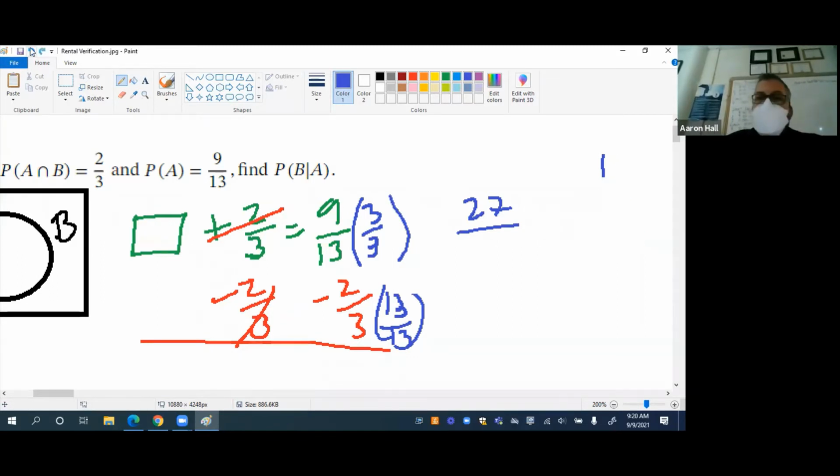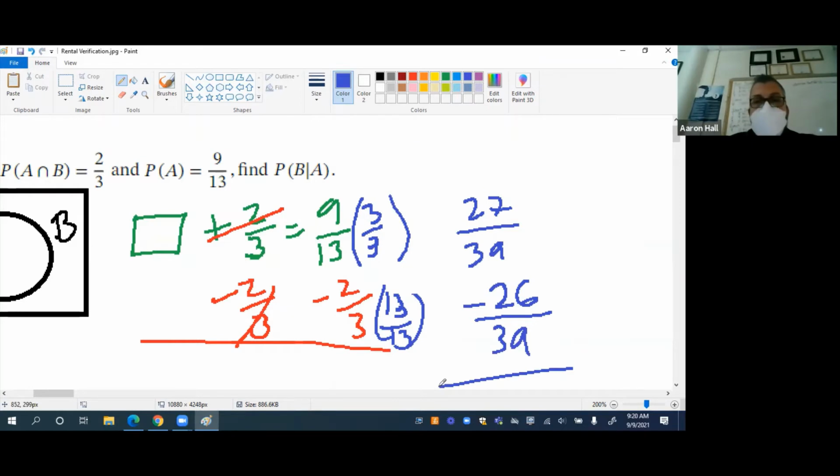Okay, certainly you can use a calculator for this if you'd prefer. And then down here, what does that become? Negative what? Negative 26 over 39.